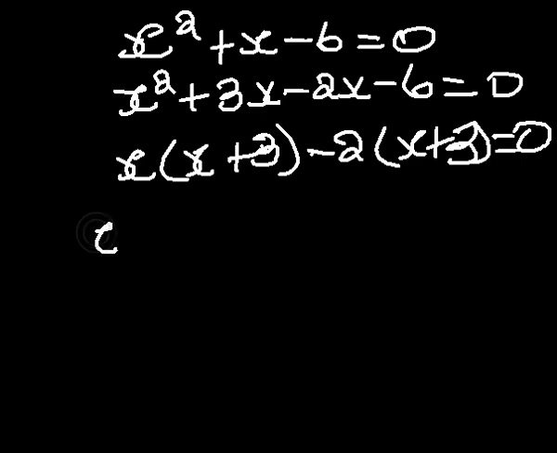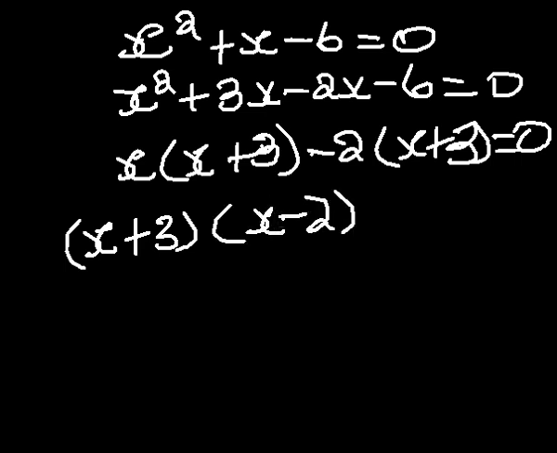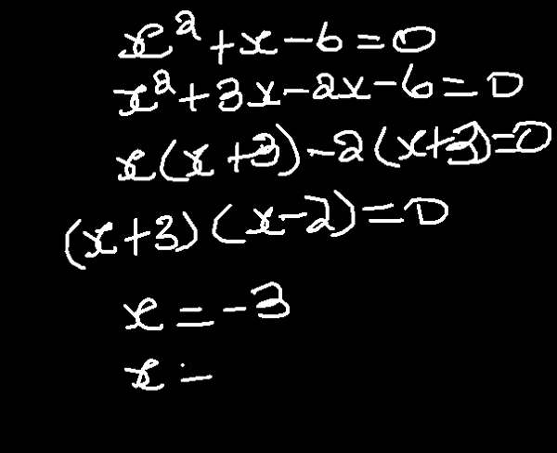Now we'll have x plus 3 times x minus 2 equal to 0. So now we have x is equal to negative 3, and also x is equal to 2.